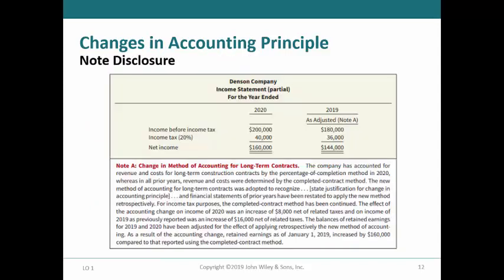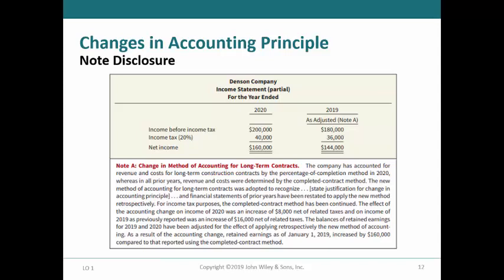This slide shows the note disclosure for the change from completed contract to percentage of completion. Management should explain why the change in principle was necessary, which usually should be that reporting was improved as a result. The current period effects for 2020 disclose that there was an increase in net income of $8,000 net of tax.